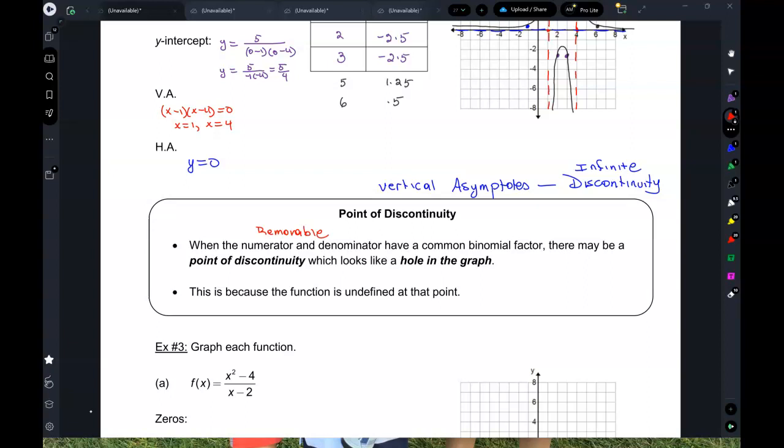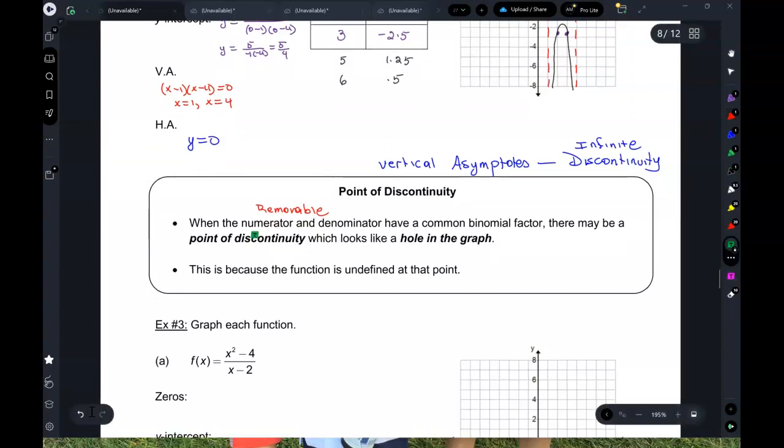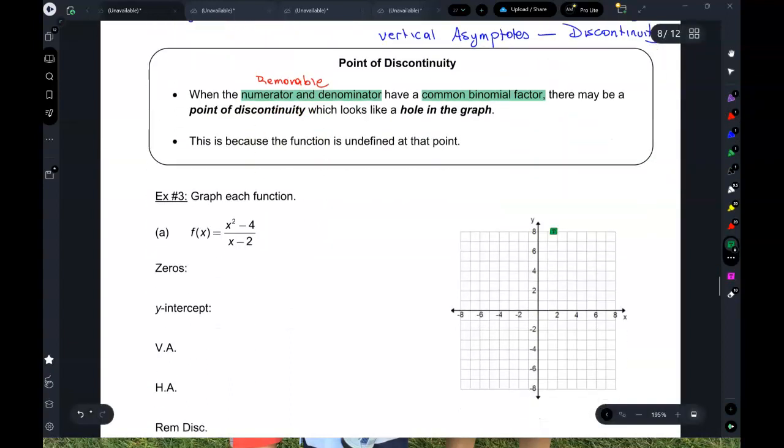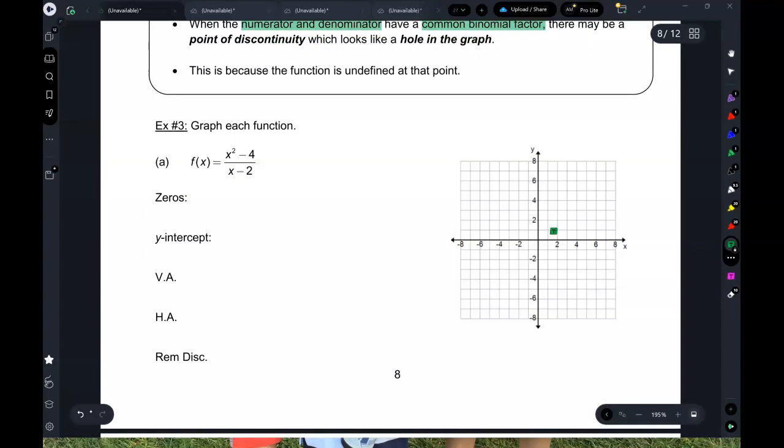But it's still there. That happens when the numerator and the denominator have a common factor and you can cancel them out. So take a look here. All of the ones that we've been doing so far, I haven't made you factor anything because there wasn't really much to factor. This one here, however, before you do anything, you have to factor.